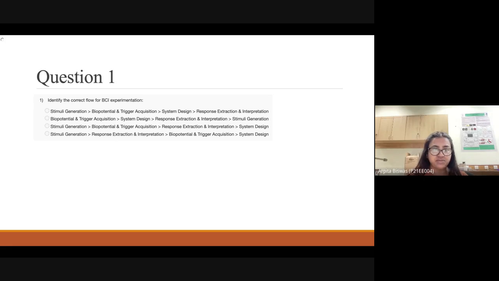Option C is stimuli generation, biopotential trigger acquisition, then response extraction and interpretation, and next system design. And the fourth option is stimuli generation, response extraction, interpretation, then biopotential and trigger acquisition, and then system design. So go through the question carefully and try to find the right option. There is no hurry, take your time, but at least try.